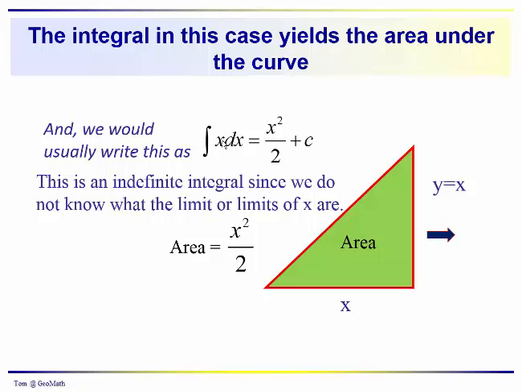So we have y is equal to x, and it has a zero intercept. It could have some other intercept. That would give us a different problem. But this is an indefinite integral, since we don't know what the limits of x are. So we just have x squared over 2. We know we have some area, but we don't know how far it goes.